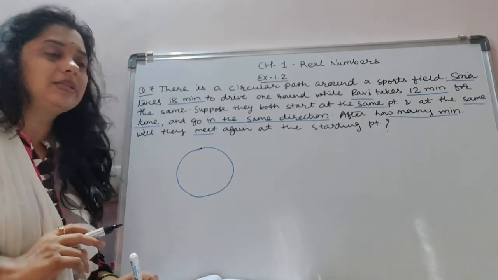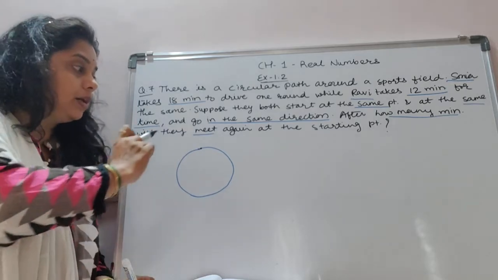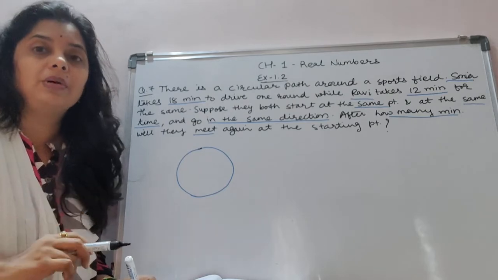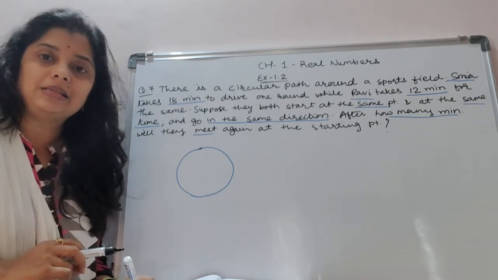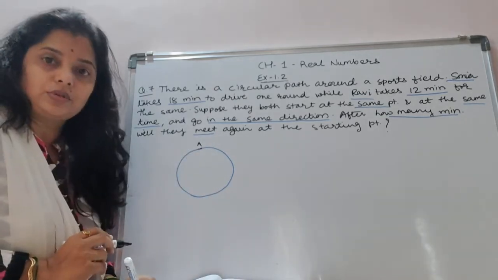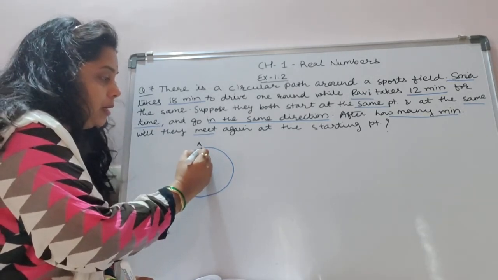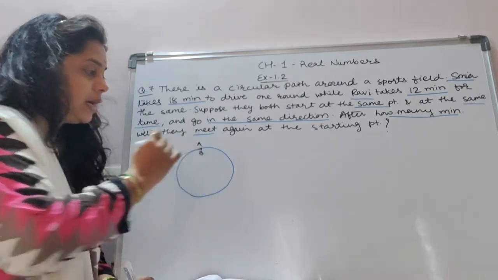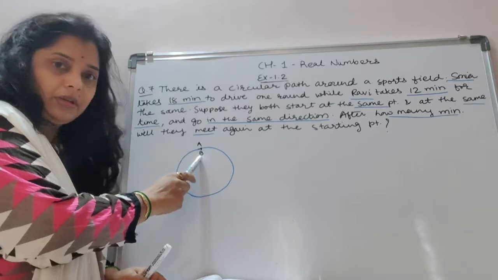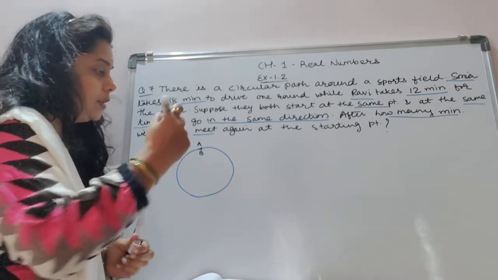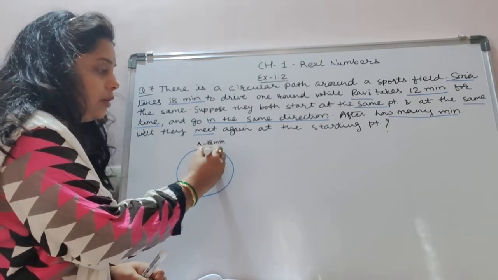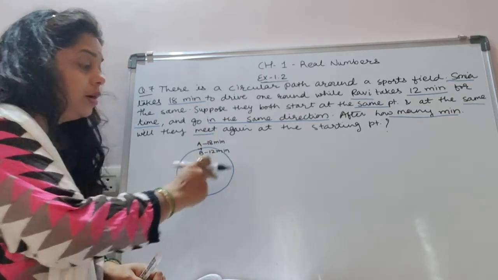Okay, so in this type of question it is a multiple, so you have to find out the least common multiple. That's why it is LCM. So let's see. A is Sonia and B, similarly same time, same place and same path, B is Ravi. Sonia takes 18 minutes to cover one round, and similarly Ravi takes 12 minutes to cover one round.